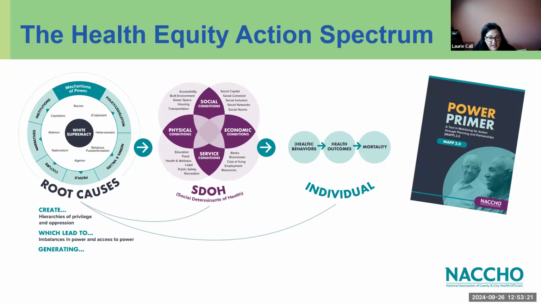I know that this language is sometimes polarizing in communities. So it's helpful to look at the guidance in the Power Primer and throughout MAP as to how to convey this message and let people have their own self-discovery. There are activities we can take people through so that they can start uncovering these and seeing how they impact them locally.